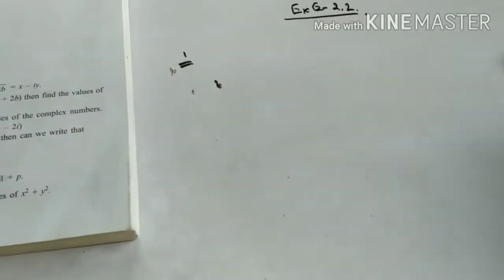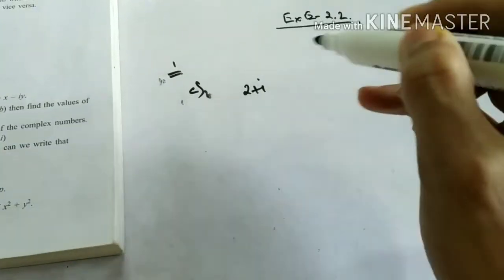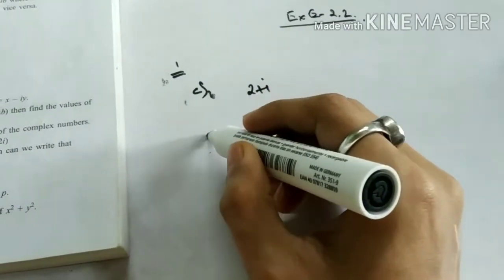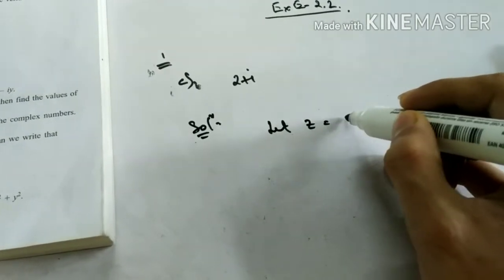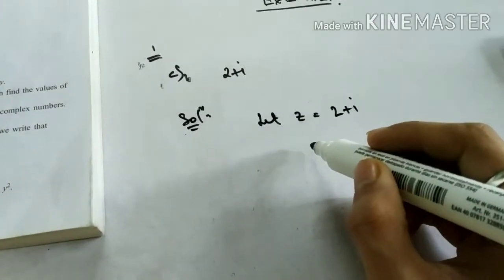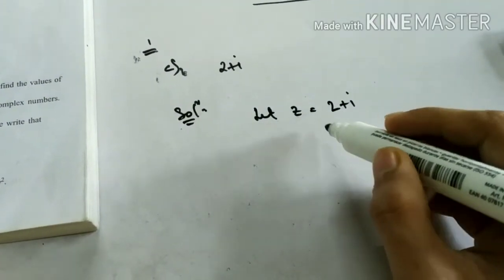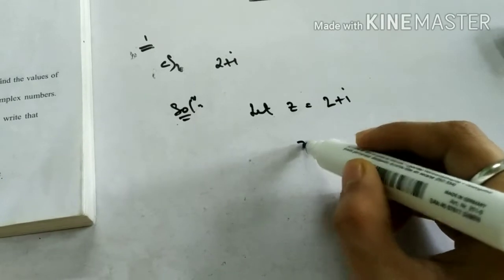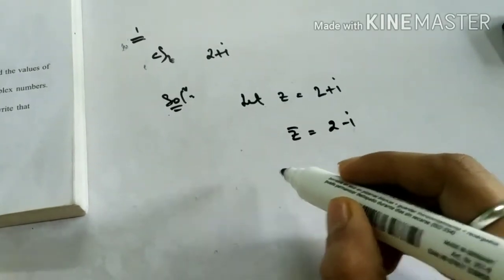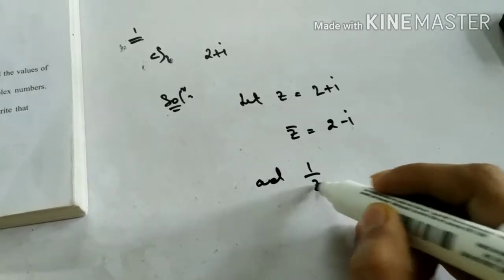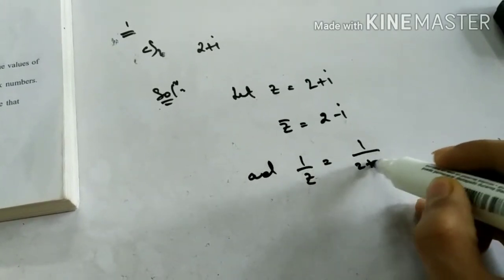Next again, 2 plus i. Let z is equal to 2 plus i, then z bar becomes 2 minus i, and 1 by z becomes 1 by 2 plus i.